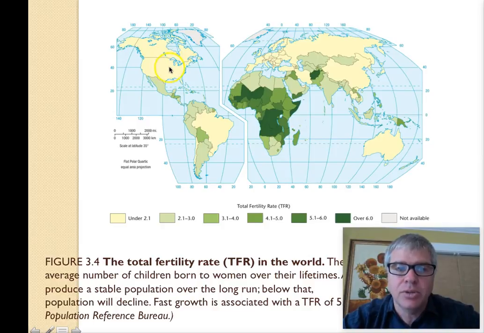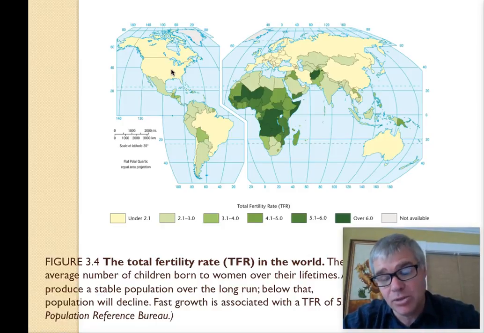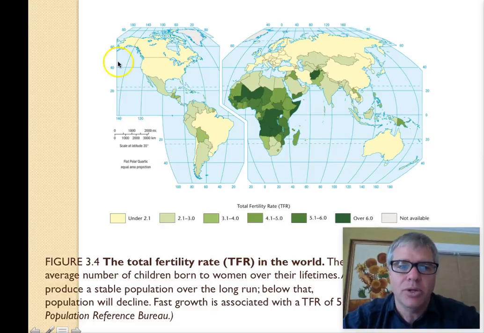And so now the US has one under 2.1, but that's only for native-born Americans. You have a lot of people immigrating into the United States, and people that immigrate in also tend to have higher fertility rates. And so that's why the overall US population is not declining, because of immigration. But one thing you can also see here, there are some parts of the world that have huge TFRs, right?